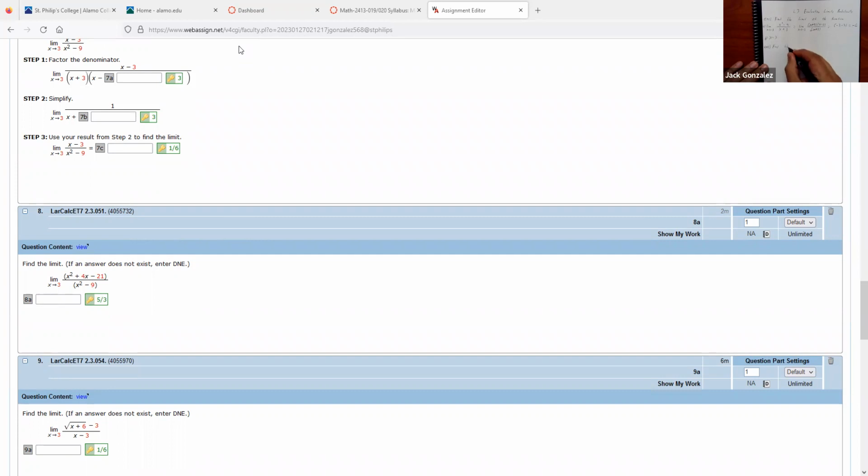Find the limit. So the function that we have is x squared plus 4x minus 21 over x squared minus 9 as x approaches 3.